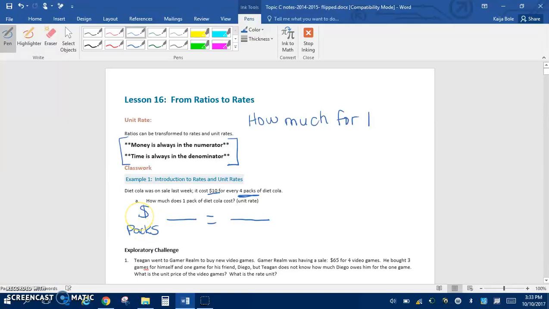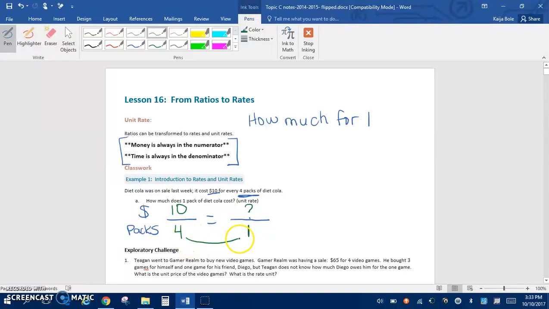They told us that it cost $10 for 4 packs. We want to know how much 1 would cost. So we're looking for the 1 down here in packs, and this number up top is our question mark. Now, instead of multiplying, we're going to be dividing almost always.